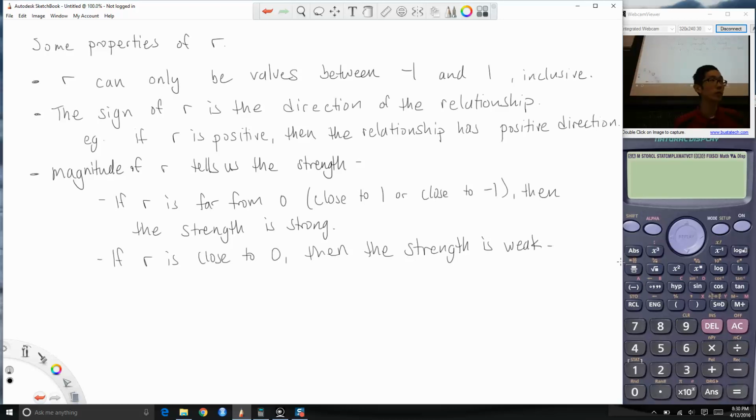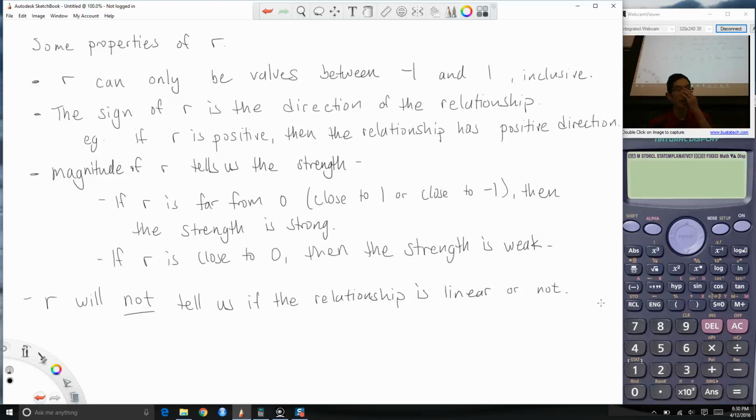Okay. R will not tell us if the relationship itself is linear or not. The only exception is if R happens to equal 1 or -1, then you have a linear relationship.